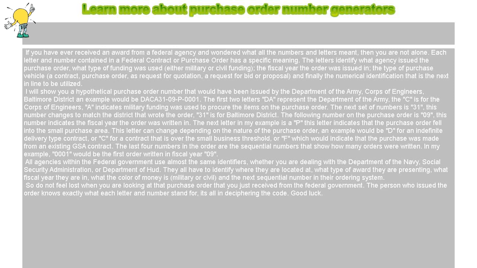The letters identify what agency issued the purchase order, what type of funding was used, either military or civil funding, the fiscal year the order was issued in, the type of purchase vehicle, a contract, purchase order, request for quotation, request for bid or proposal, and finally the numerical identification that is the next in line to be utilized.